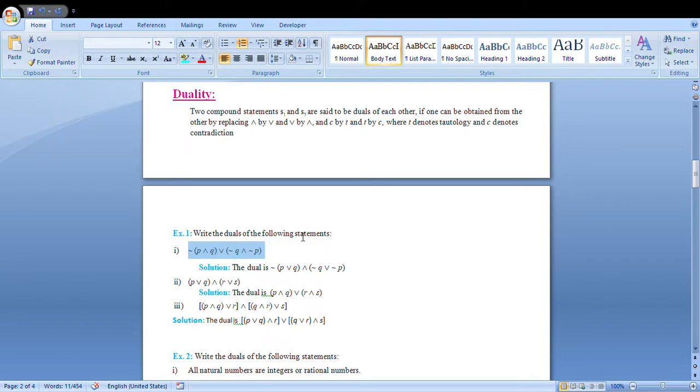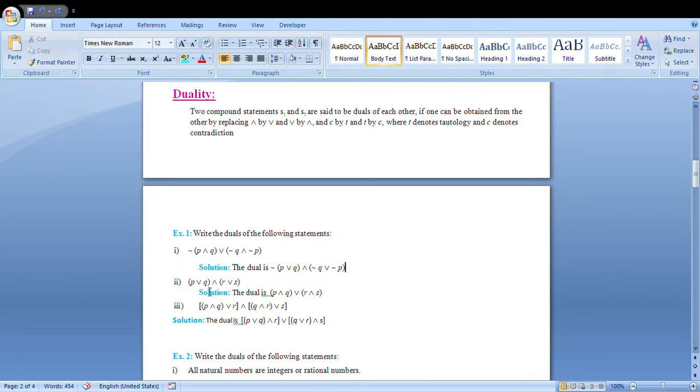In case of and, write or. Negation P remains negation P. So the dual of negation P and Q, or negation Q and negation P, is negation P or Q and negation Q or negation P. So just interchange the signs.